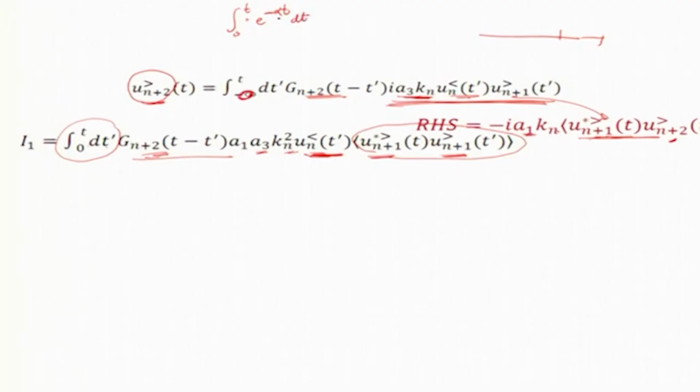Under what condition of alpha will I get maximum contribution for T in the upper limit? You can easily argue when alpha is large, then you can get maximum contribution when T prime is close to T. Alpha should be large, and this is called Markovian approximation.